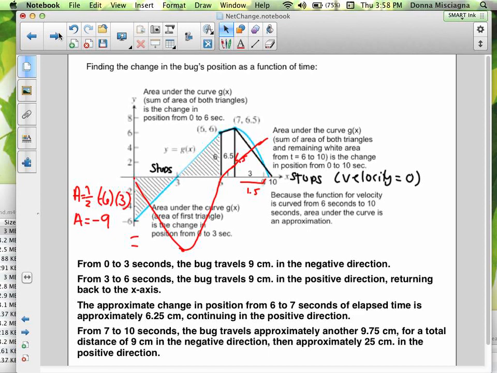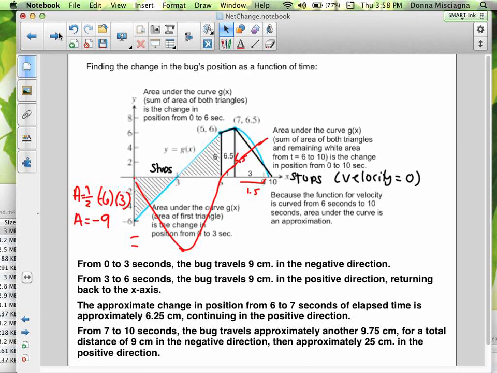From 7 to 10 seconds, the bug travels another 9.75 centimeters. So we're going from 7 to approximately 10 there. And so that would be 3 times 6.5 times a half, which gives us 9.75.